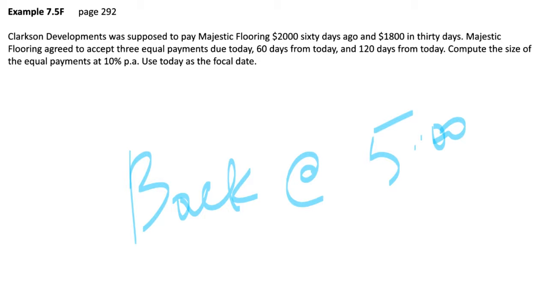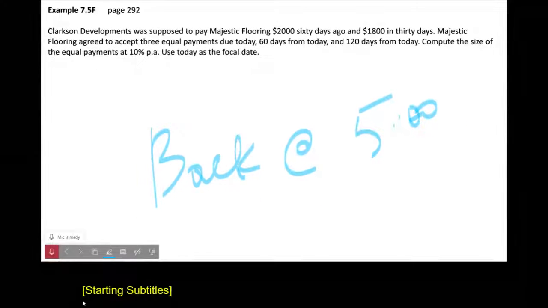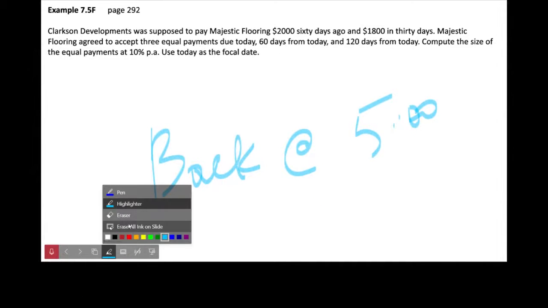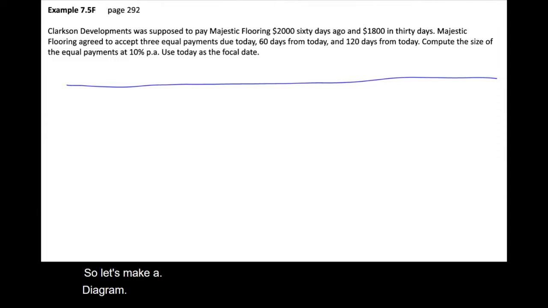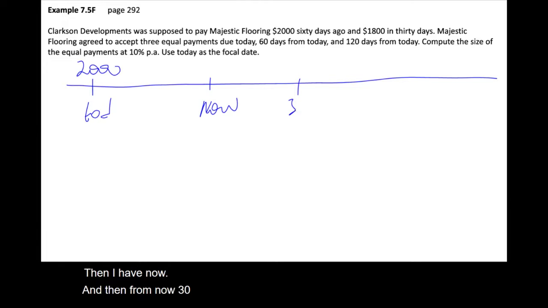Okay, guys, break is over. So let's make a diagram. 60 days ago, I have $2,000. Then I have now, right? And then from now, 30 days, I have 1800.